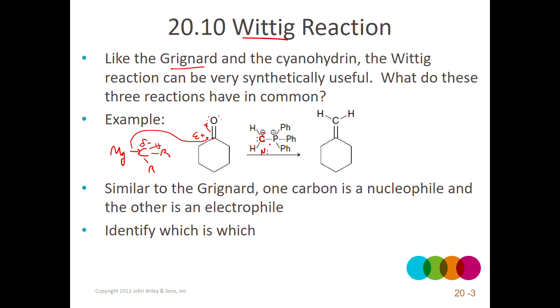But what's interesting about the Wittig is as this carbon attacks and pushes electrons up, they don't just stay on the oxygen, because the Wittig reaction involves this compound which is called an ylide. And the ylide has a positively charged phosphorus right next to the nucleophilic carbon.